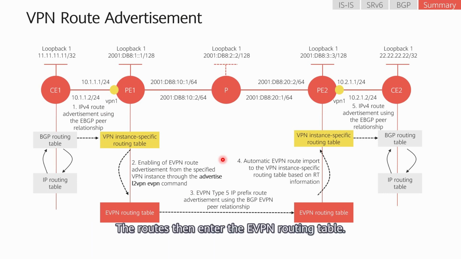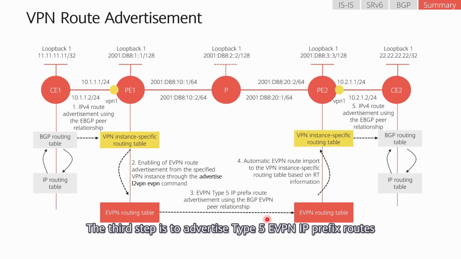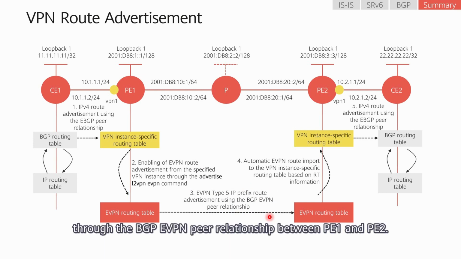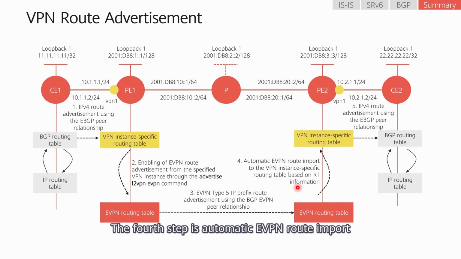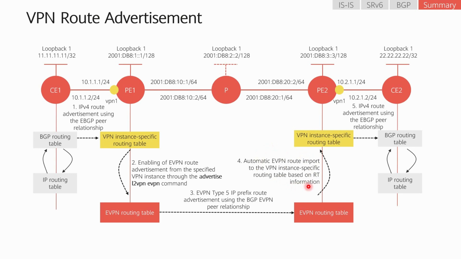The routes then enter the EVPN routing table. The third step is to advertise Type 5 EVPN IP prefix routes through the BGP EVPN peer relationship between P1 and P2. The fourth step is automatic EVPN route import to the VPN instance-specific routing table based on carried RT information.